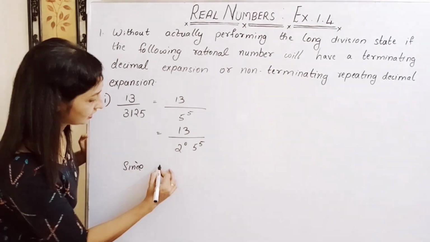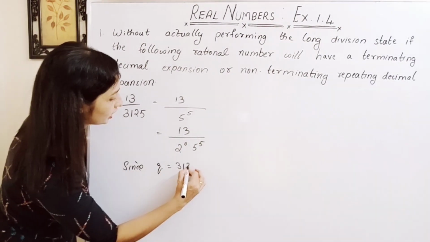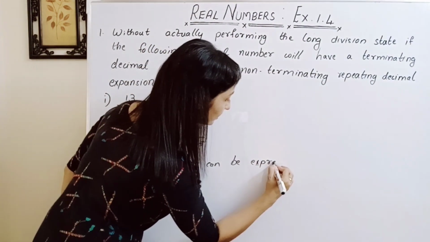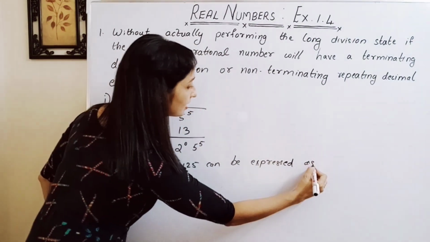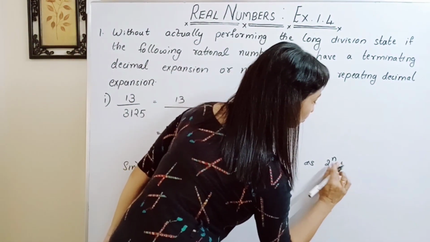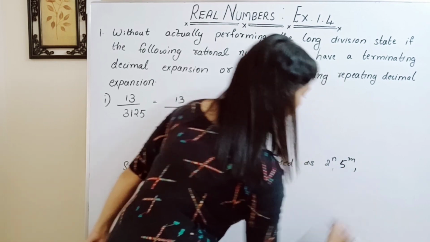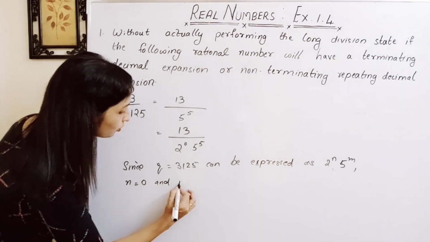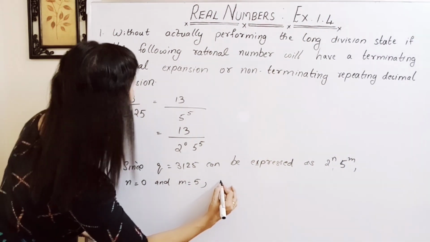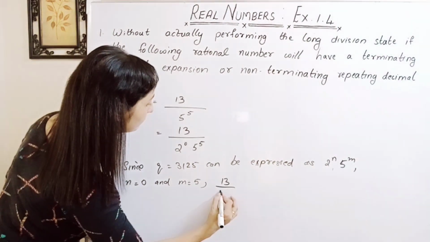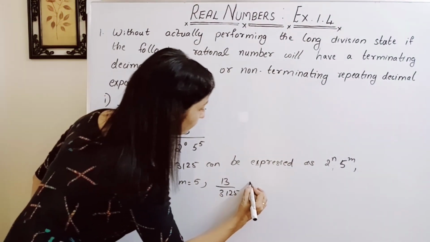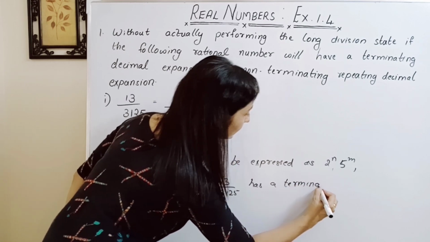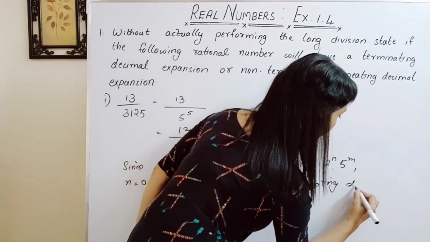Since q is equal to 3125 can be expressed as 2 raised to n into 5 raised to m, where n is equal to 0 and m is equal to 5, the given rational number 13 by 3125 has a terminating decimal expansion.